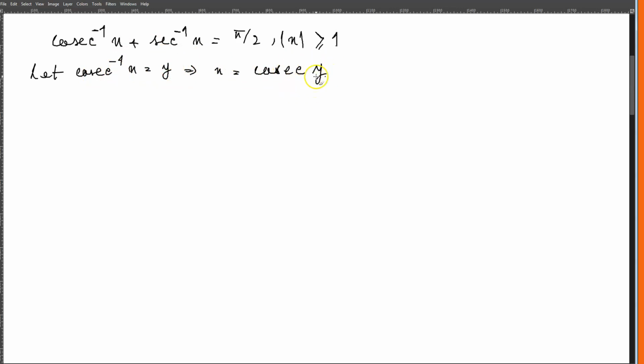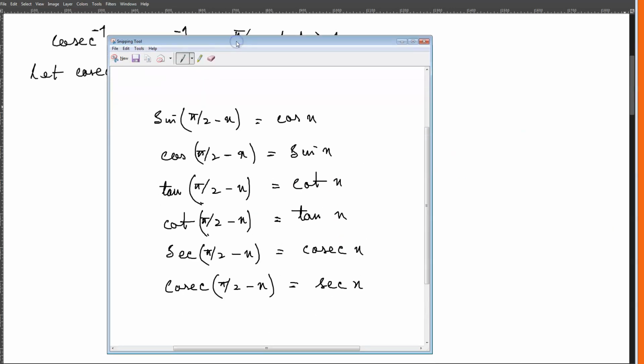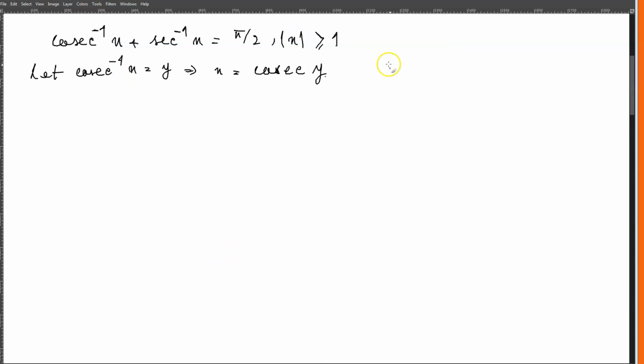And cosecant of y, based on what we said here, is equal to secant of pi by 2 minus y, because the secant of pi by 2 minus x is equal to cosecant of x.